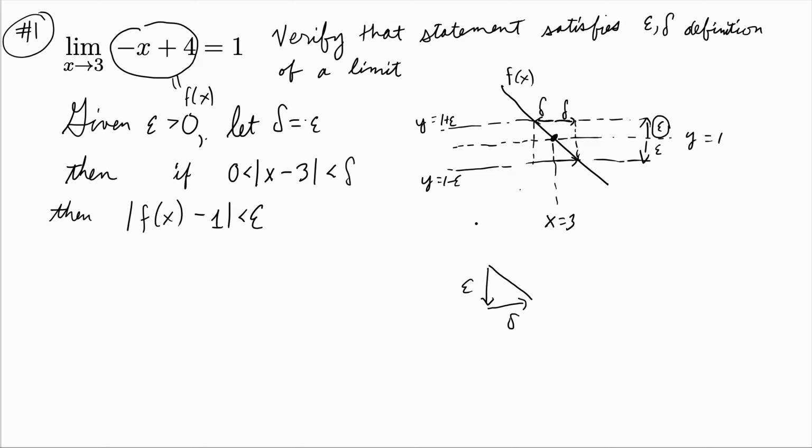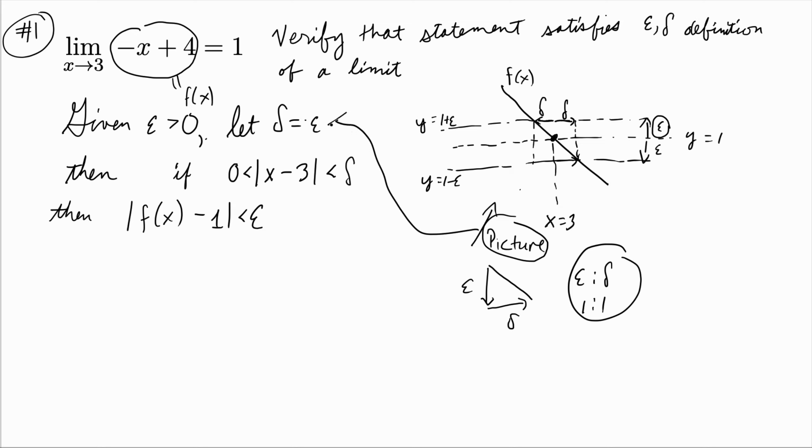Our verification pretty much is the picture and the idea that the ratio of epsilon to delta is a 1-to-1 ratio. And that's pretty much it. This idea and the picture tell us that this is acceptable, and this is the delta that exists, so that this all works. We just verified the statement.